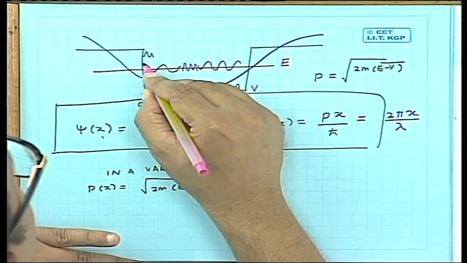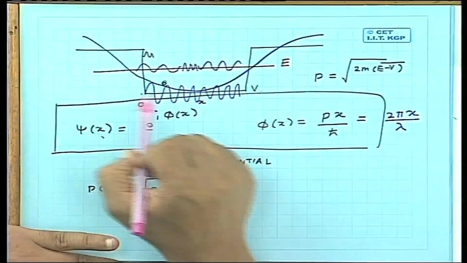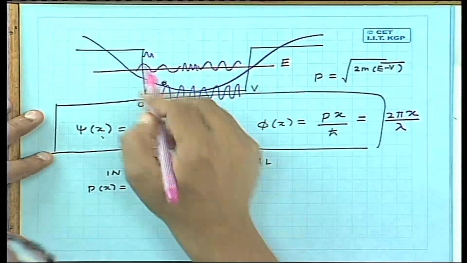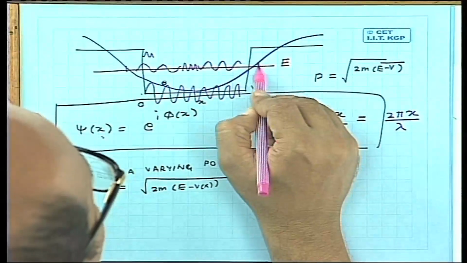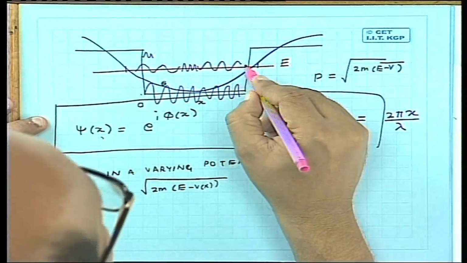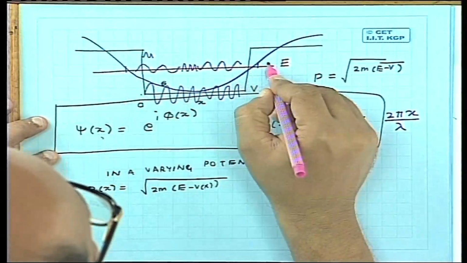So the wavelength gets larger and larger as the particle moves up the potential well. And when it reaches the classical turning point, the wavelength becomes infinite because the momentum is 0. So over here, the wavelength is infinity.